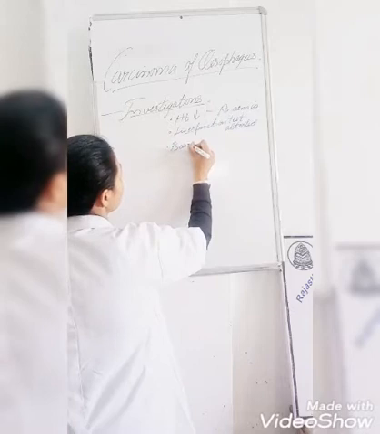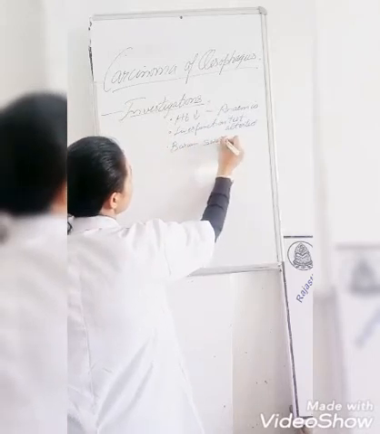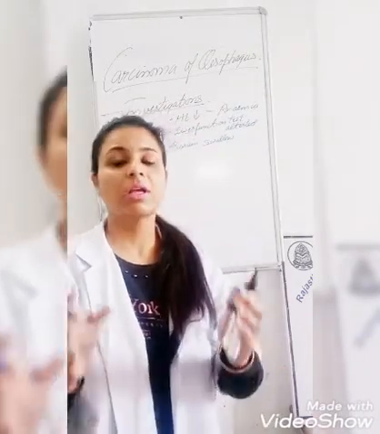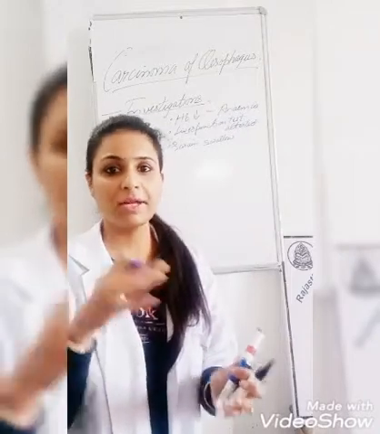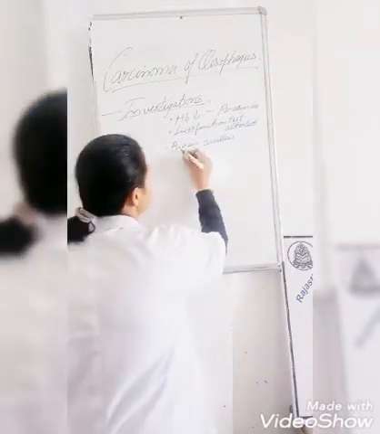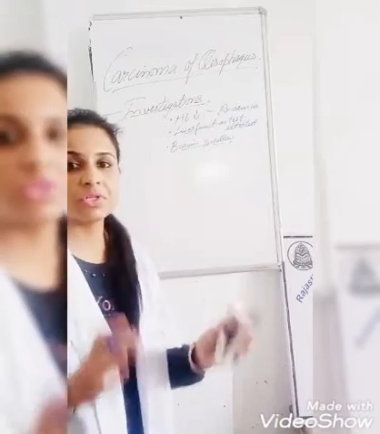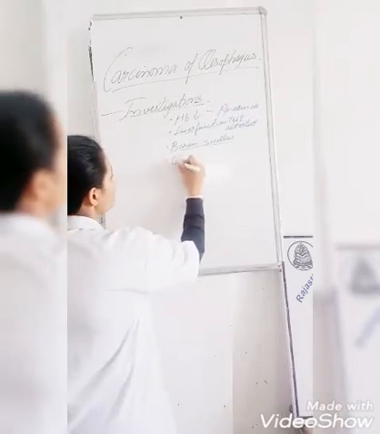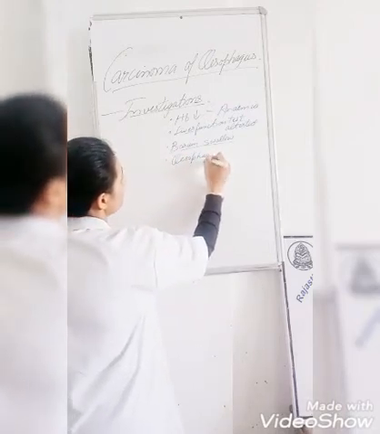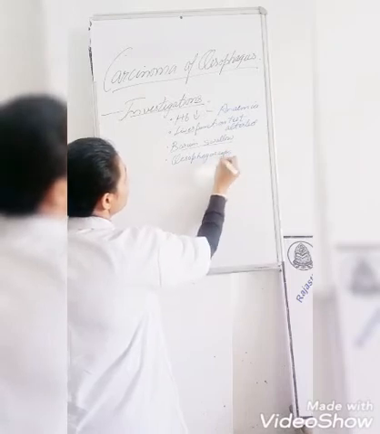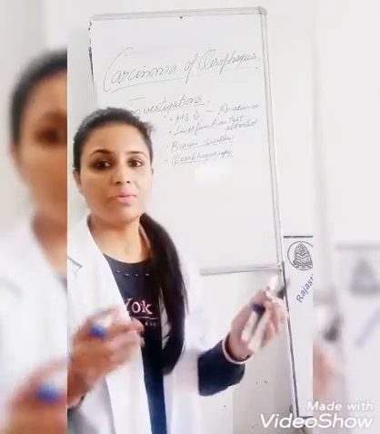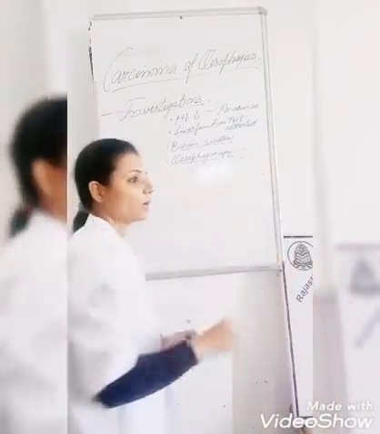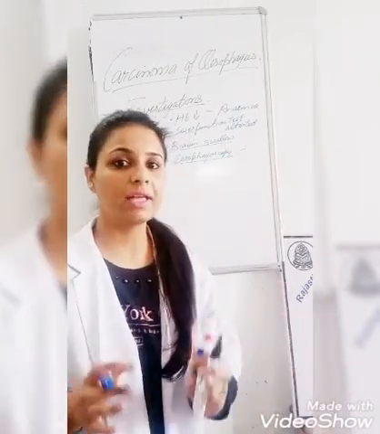Then barium swallow. Barium swallow will demonstrate the irregular, persistent filling defects. Then esophagoscopy will check the pathology and the advancement of the disease, and also it will take biopsy.